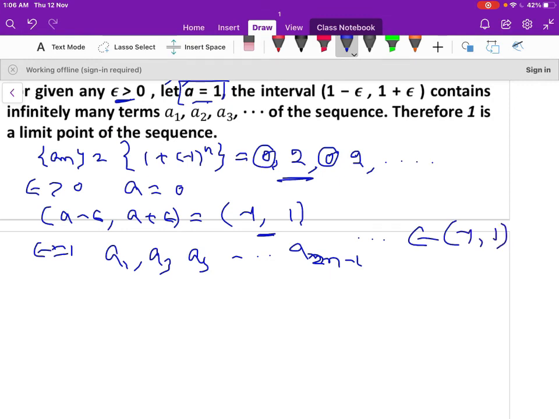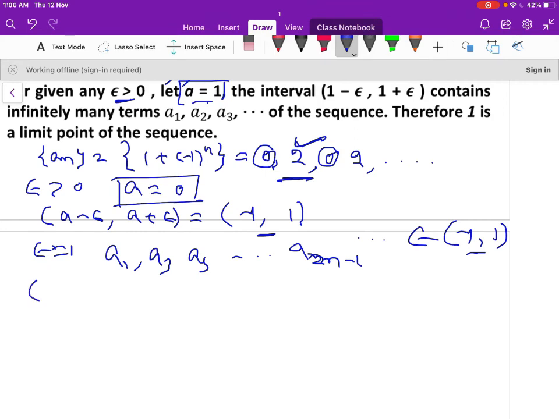Therefore there are an infinite number of terms of the sequence contained in this interval. Therefore a equal to 0 is a limit point of the sequence 1 plus minus 1 to the power of n. Let us check whether 2 is a limit point or not.